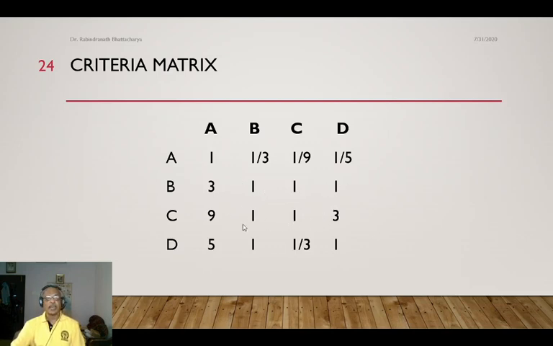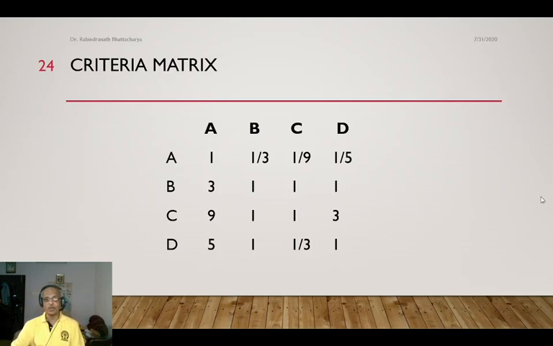And C to A, since A to C is 1/9, will be 9. And D to A, since A to D is 1/5, must be 5. And D to C, since C to D is 3, must be 1/3.